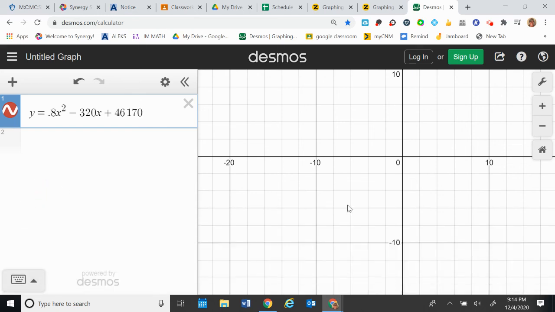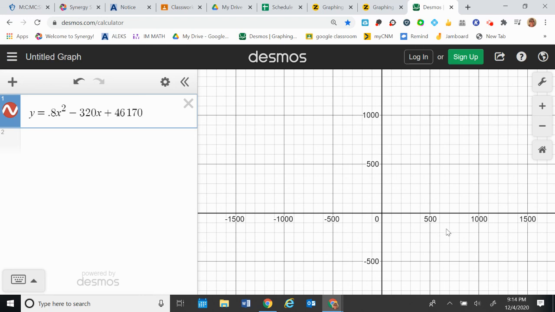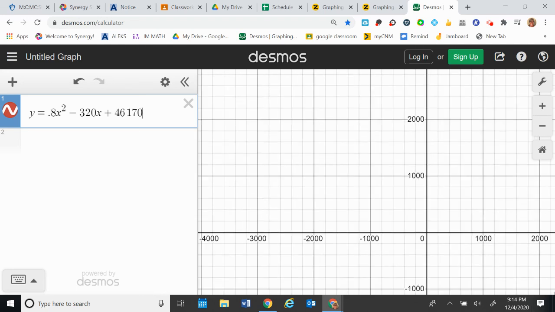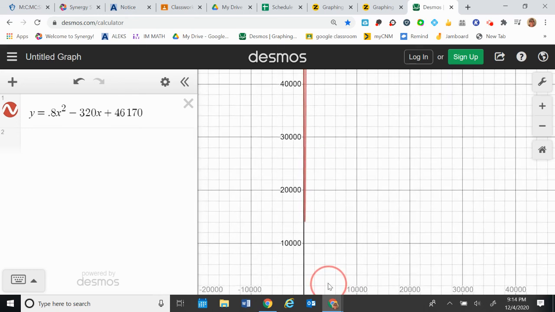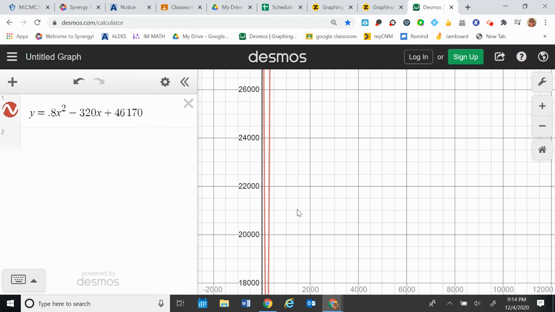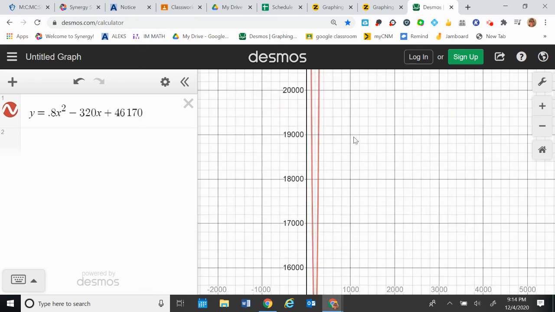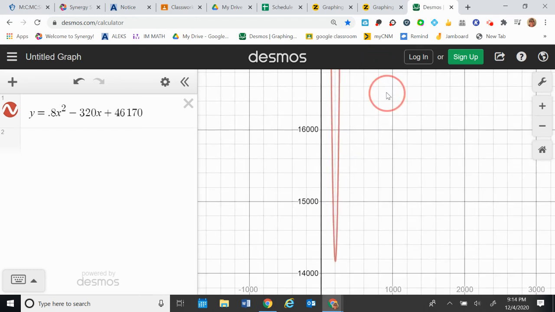Okay, so back here, hopefully we can find this sucker, because remember, our Y has to be at 46,000. That's our Y-intercept. Wow, guys, we need to get way out here. Look at how it's going really sharp up. I thought I could pull out with my fingers sideways and it would make it wider.